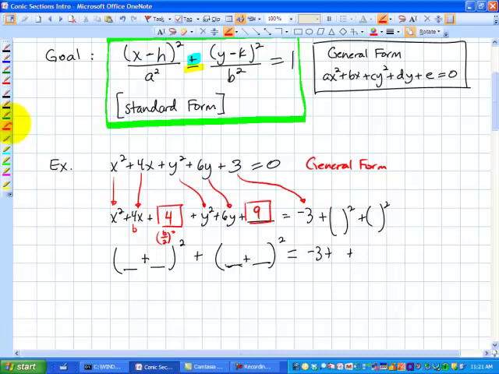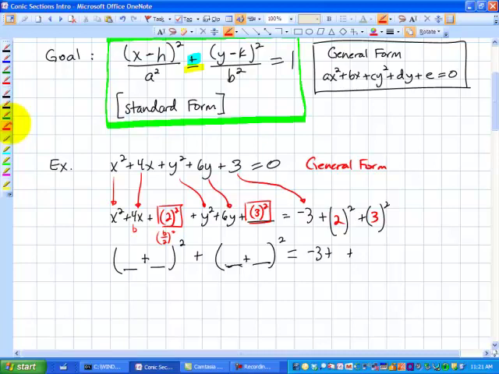So what I've done in both of these spots is I've just added 13 to this side. Actually, I'll back up and do it the way I originally intended, which was I put half of that squared and half of that squared. So I added 2 squared and 3 squared.